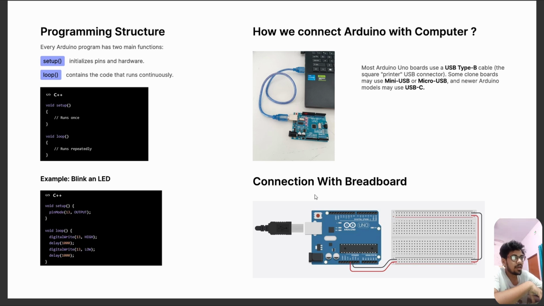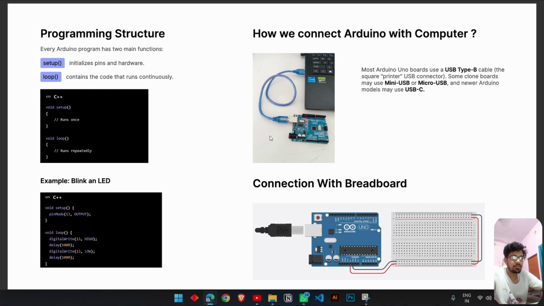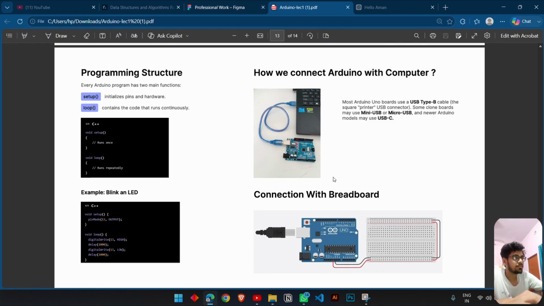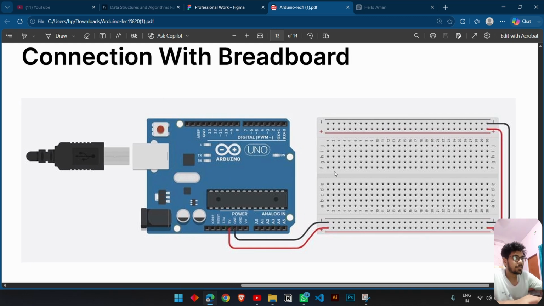Now let's see the connection with the breadboard. Let's zoom in. Okay, I'll show you. This is a breadboard. We connect components on this breadboard, but on the breadboard we have to supply power and ground. We use the red wire for the higher voltage and the black wire for ground.